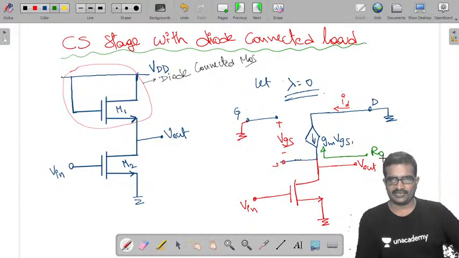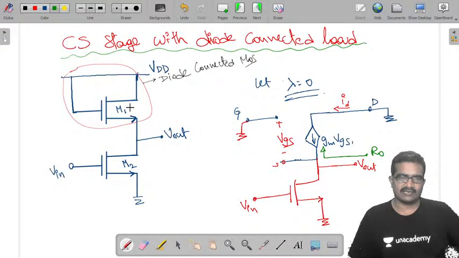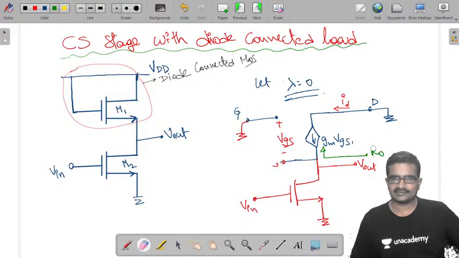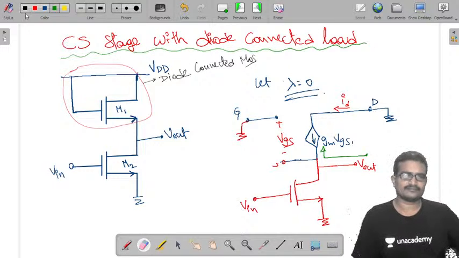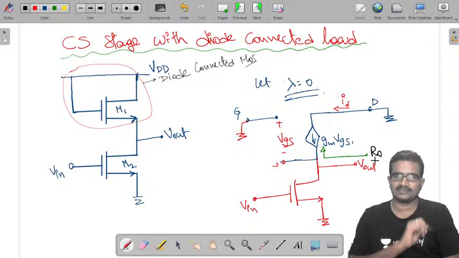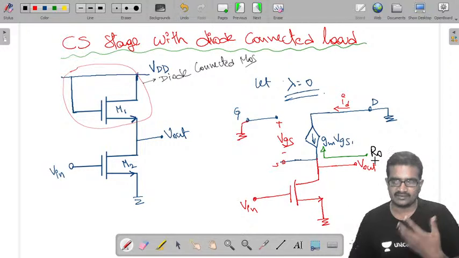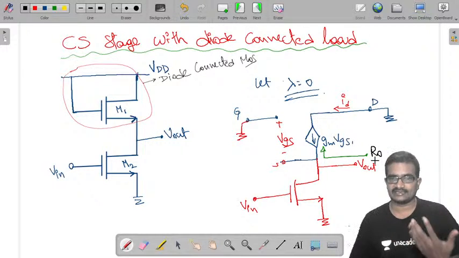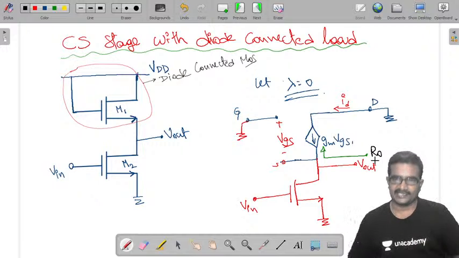The R0 of the M1 device I am taking as R01, capital R, because if I take a small r there is a chance of misunderstanding. It is a dynamic drain resistance.